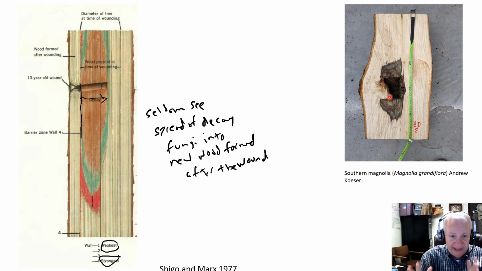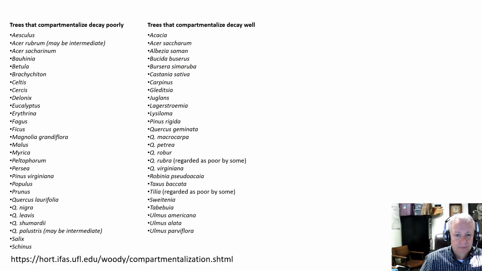But that ability to compartmentalize and stop the spread of that fungi allows that tree to continue growing, continue getting bigger, and to live a long time, even after wounding or decay. And that's one of the sort of unique and wonderful things about trees and their response to wounding and pathogens.